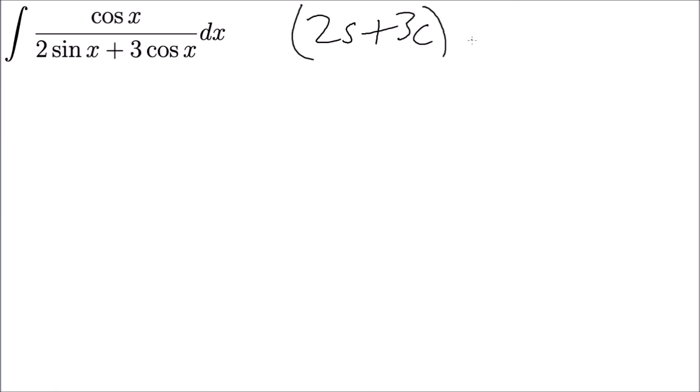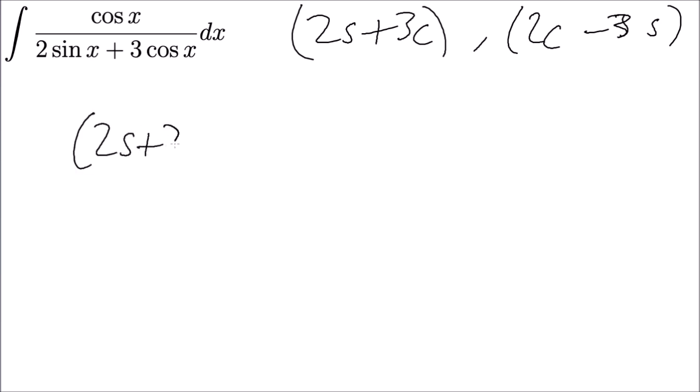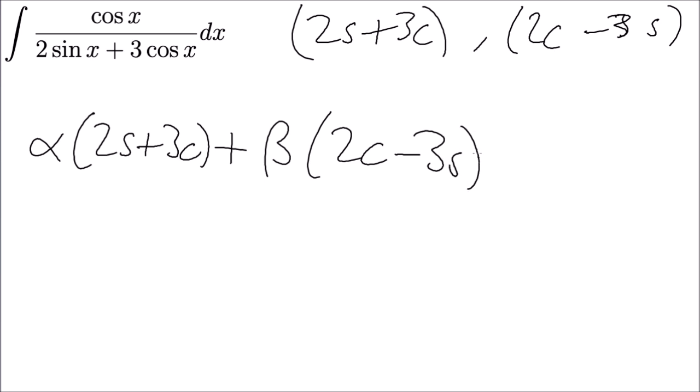And then if I want to derive this, it would be 2 cosine minus 3 sine. The reason I don't recommend this method is that the JEE Main trick is you need to find alpha and beta, where this whole thing equals cosine x, or pretty much the numerator, right?